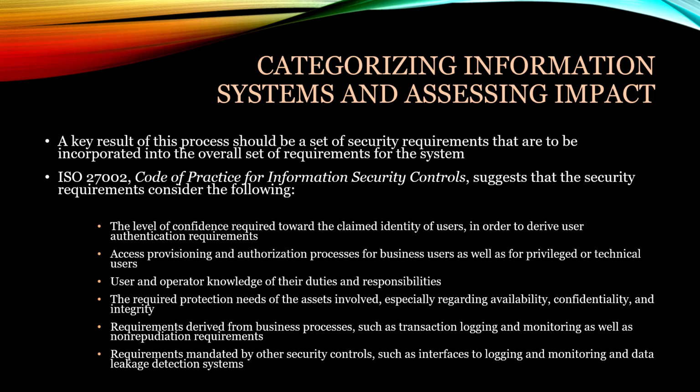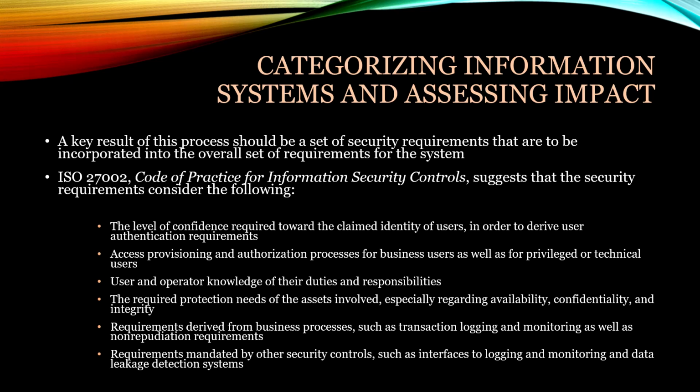These include the level of confidentiality required, access provisioning and authorization process, user and operator knowledge, that includes duties and responsibilities, the required protection that are necessary for all assets involved as they directly relate to confidentiality, availability, and integrity, the requirement derived from the business process, and if there's any repudiation component, logging and monitoring normally where this falls into.